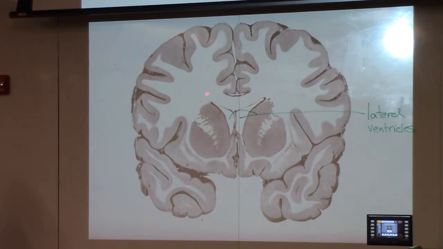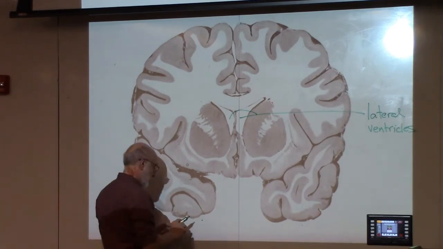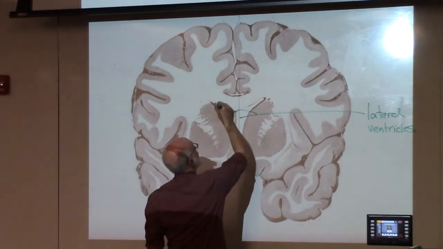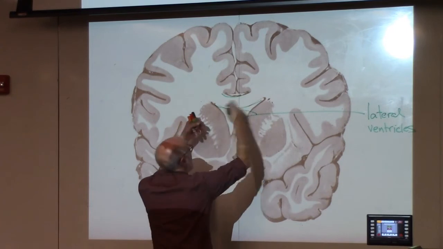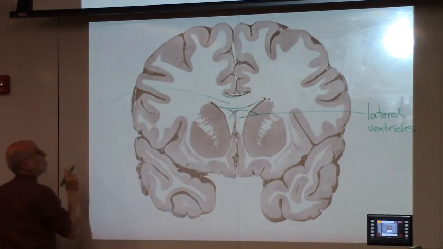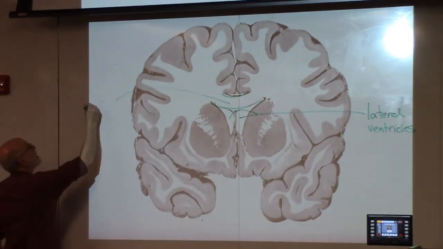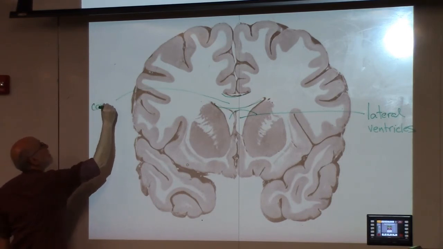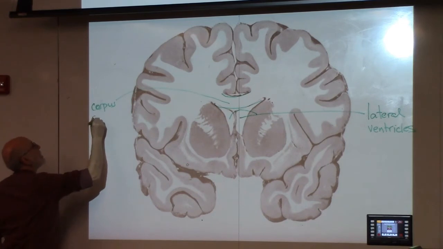Is this the corpus callosum? That is the corpus callosum. Good. This white matter bundle connecting the two hemispheres is the corpus callosum.